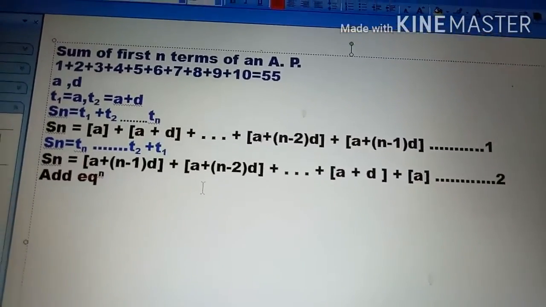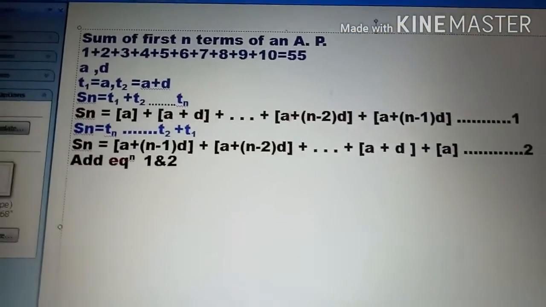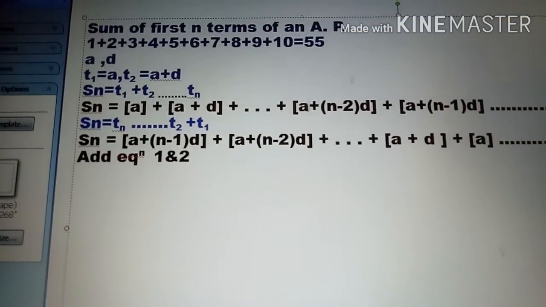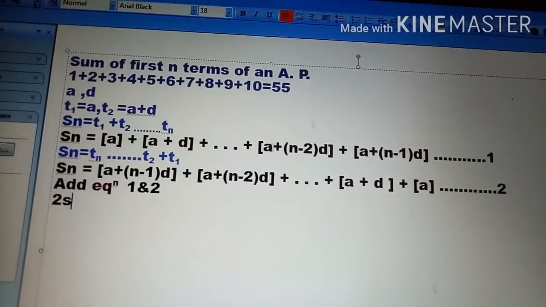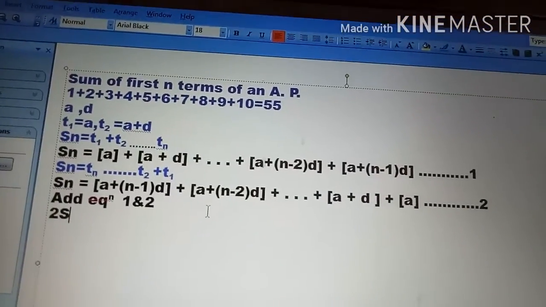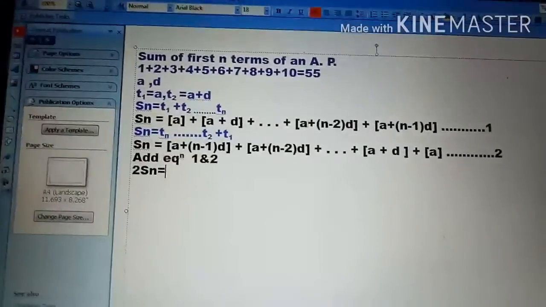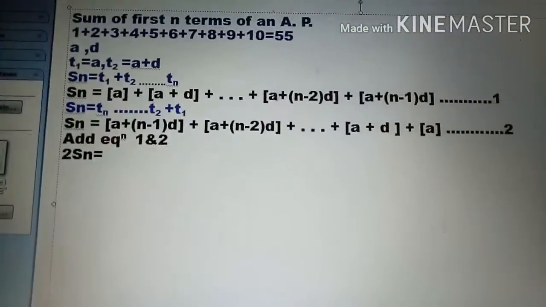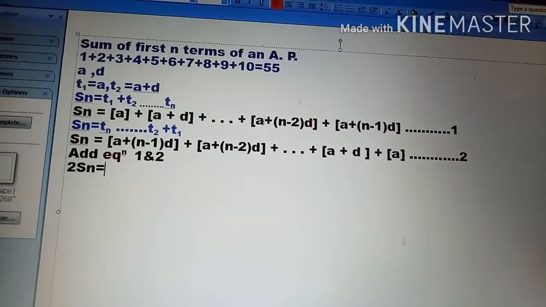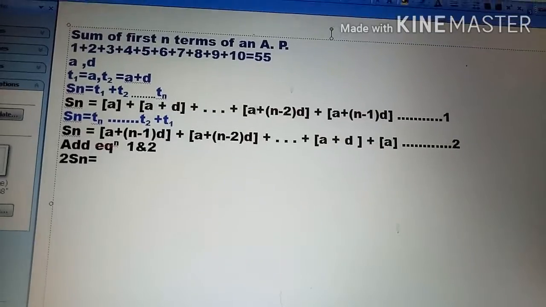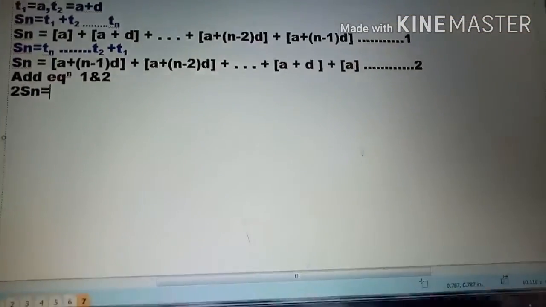Then what will become? On both left hand sides, Sn plus Sn is 2 times Sn, equal to a plus n minus 1 into d from the first terms. Adding, a plus a becomes 2a, and n minus 1 d remains as it is.